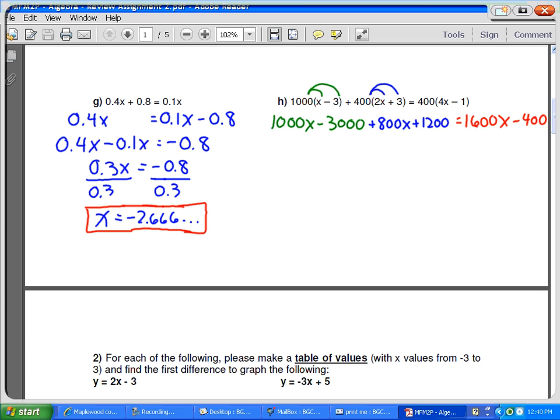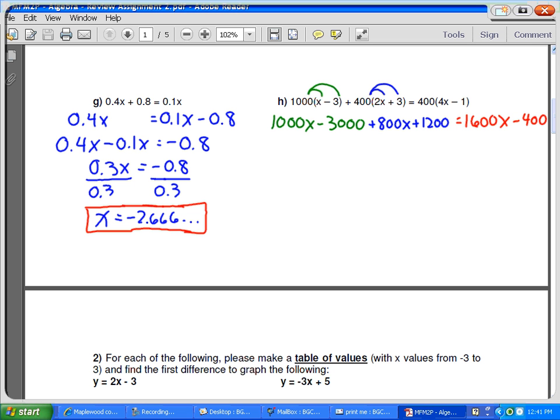Kira, suggestions for how to continue from here? What can I do here? Because this is looking messy. I like what you're trying to do here. The problem is there's an x and there's a number.